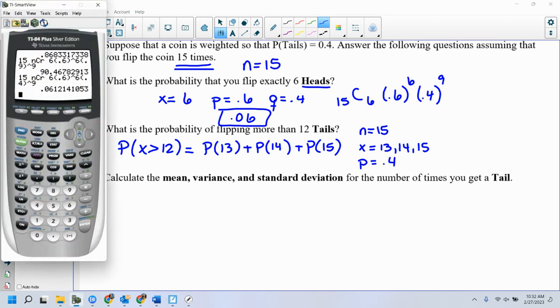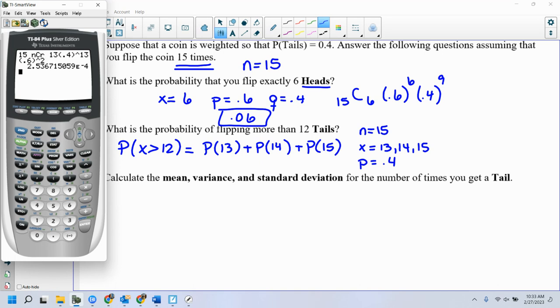Now I'm going to put it all in the calculator as one calculation. So go with me here. We got 15C13, 0.4 raised to the 13th, 0.6 raised to the 2nd.